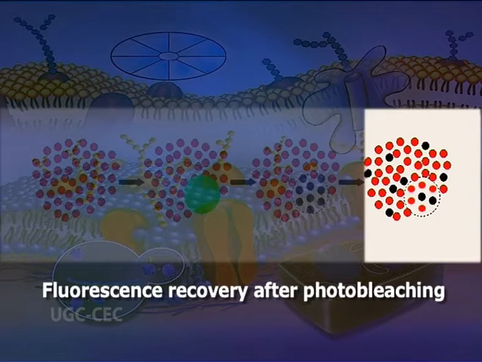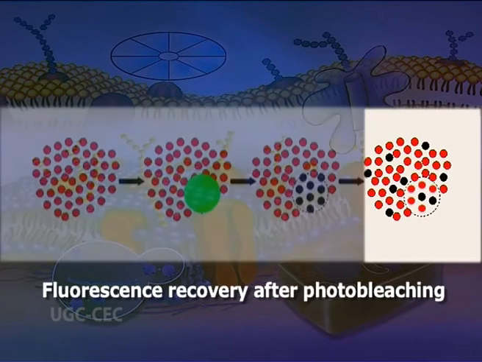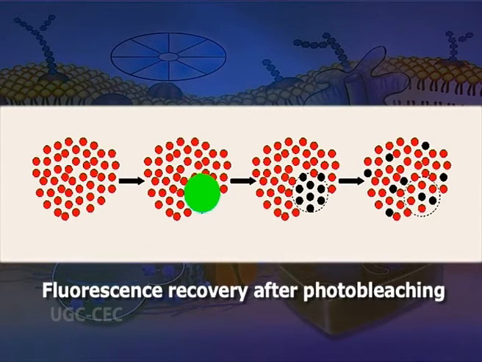Eventually, the spot is indistinguishable from the rest of the cell surface. This technique not only demonstrates that membrane lipids are in a fluid rather than a static state, but also provides a direct means of measuring the lateral movement of specific molecules.